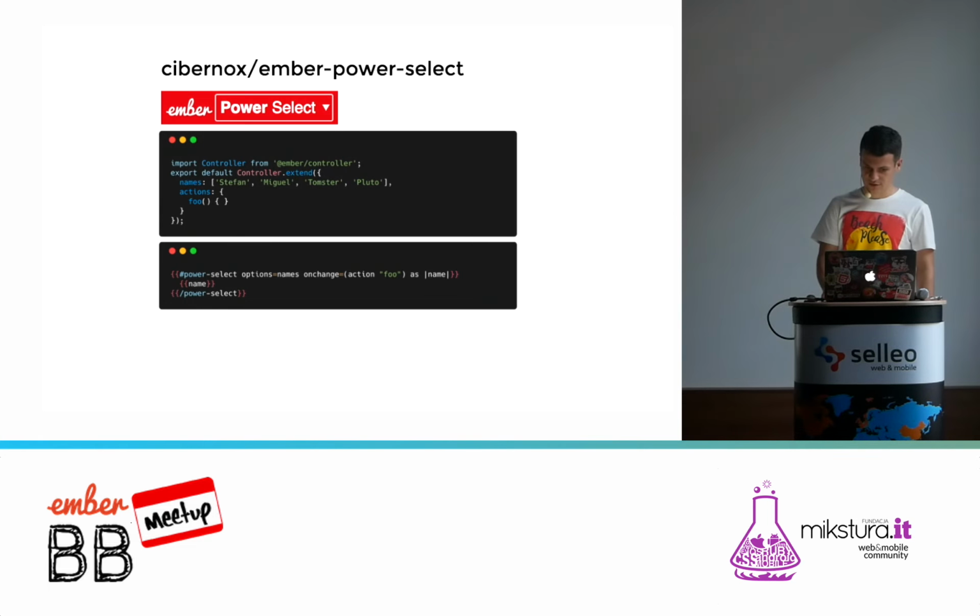Okay, the other pretty cool example, and this is, I think, one of the best examples of how higher order components should look, is Ember Power Select by Cybernox. Probably most of you had trouble with Select2 in the past. Thanks to this add-on, it's highly customizable.